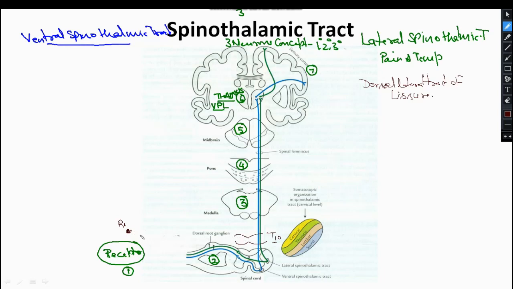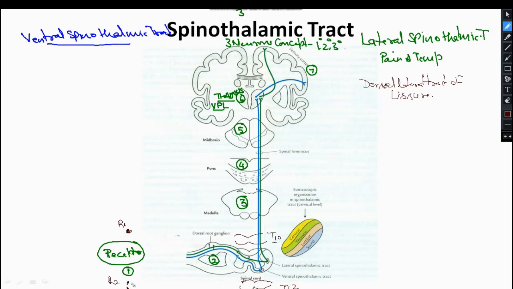Actually, it takes a turn. It relays either one or two segments lower than its level, or one or two segments above its level. Similarly, say receptor R2 is present at the level of T12. It is not going to relay at the same level, T12.